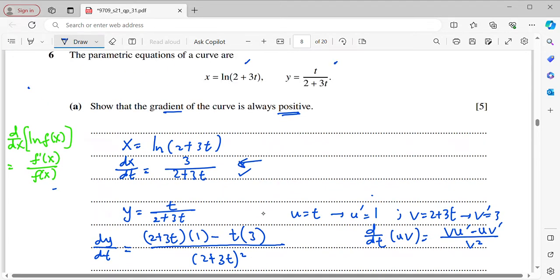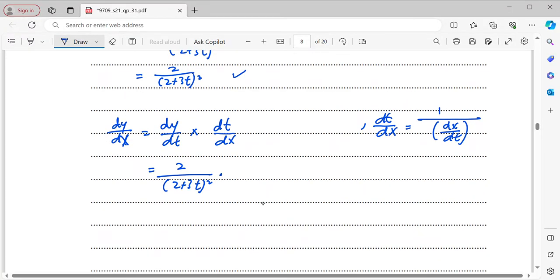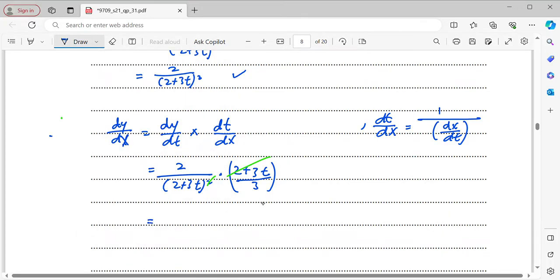So when I take 1 over this, I'm switching the numerator and denominator. So it will be (2 plus 3t) over 3. Be careful with this. Then from here, I notice that 2 plus 3t will be simplified. Then now I will be getting dy/dx as 2 over 3 times (2 plus 3t). So this is our dy over dx, which is the gradient.